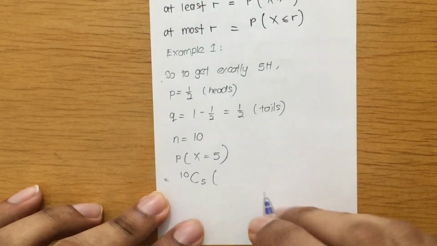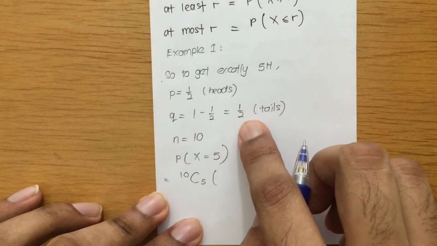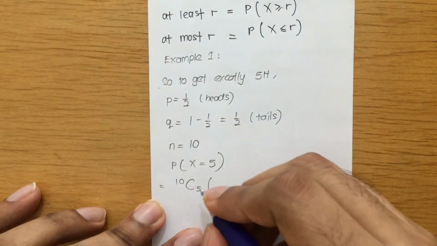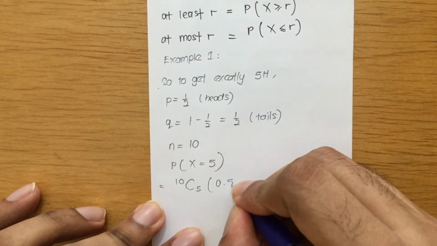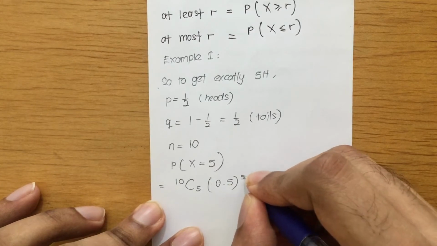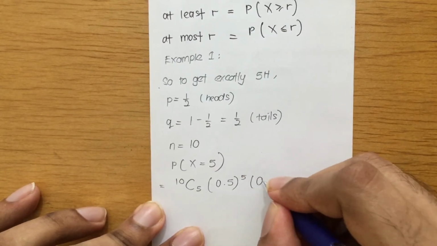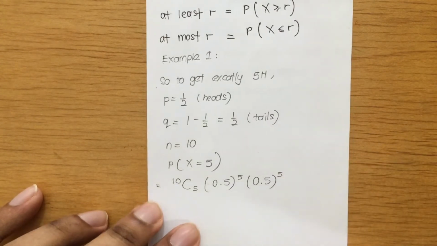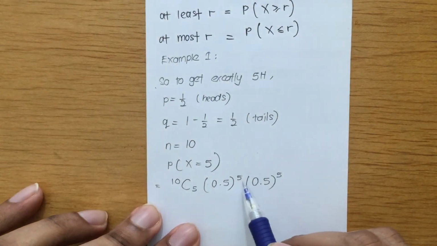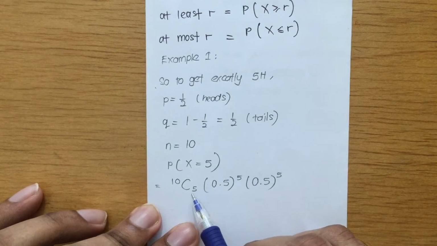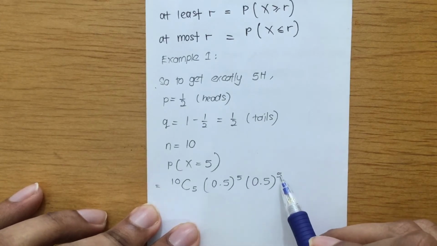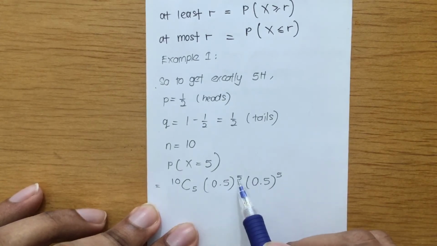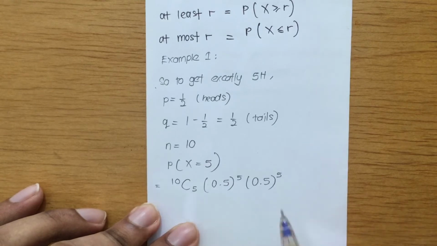Since your probability is 1 over 2, you can write it in decimal as well: 0.5 to the power of 5 and then 0.5 to the power of 5. The first 5 I got from the number of successes, and the second 5 I got from 10 minus 5.